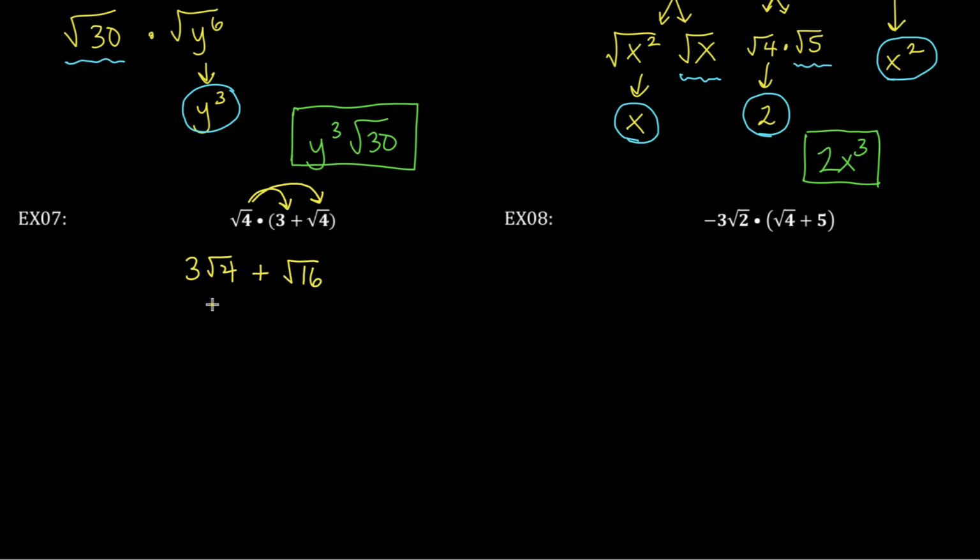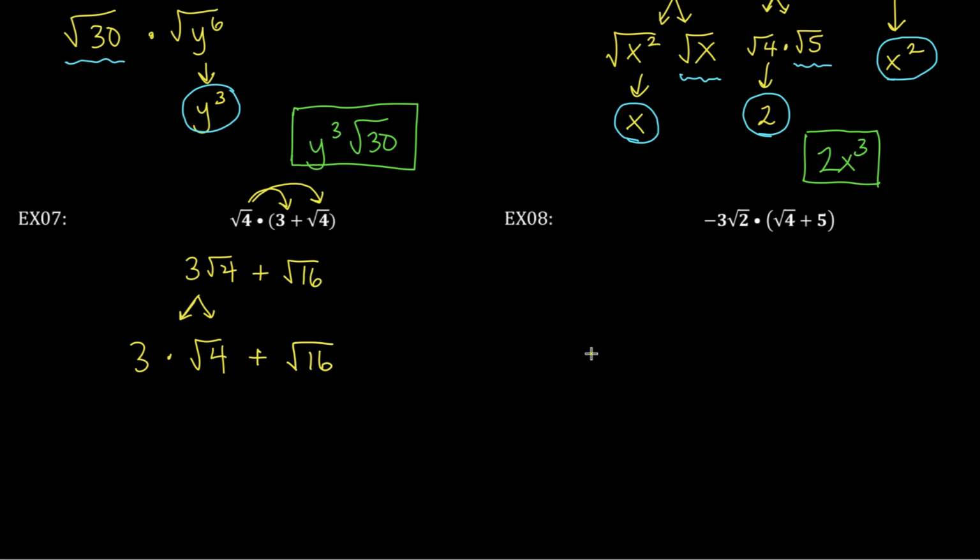So I end up with, I can't really change anything here. Oh, yeah, I can. That is 2. Oh, I guess I should write it like this. This becomes 3 times square root of 4 plus square root, oh, yeah, we'll just leave it like that, plus square root of 16.